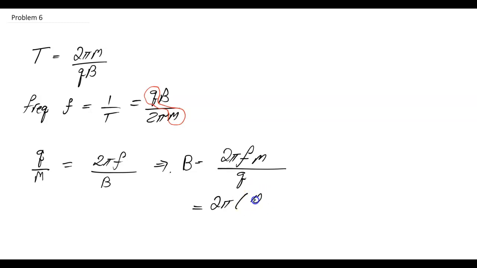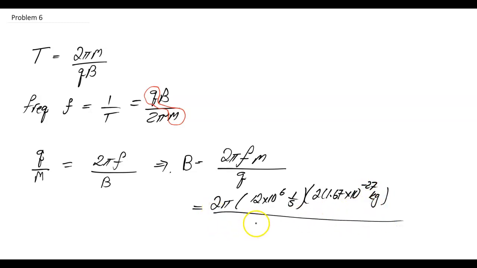So that's 12 times 10 to the 6th per second times the mass of twice the proton, we're told, so that is twice 1.67 times 10 to the negative 27th kilogram all over the charge, which is 1.6 times 10 to the negative 19th coulomb.